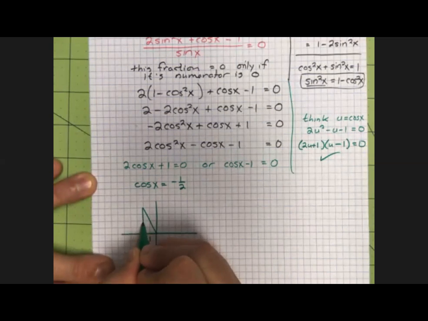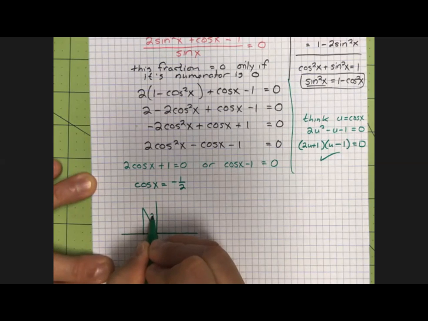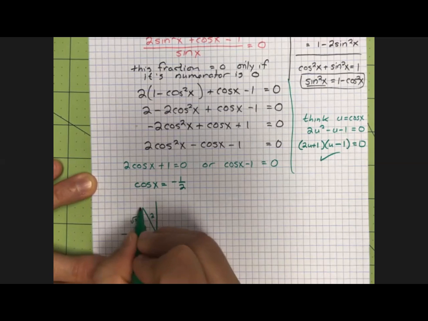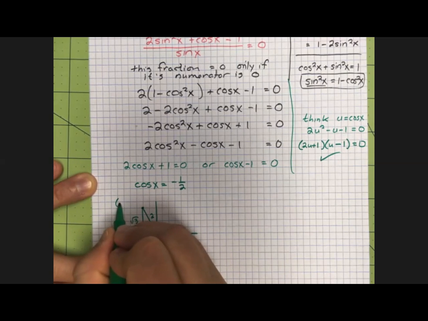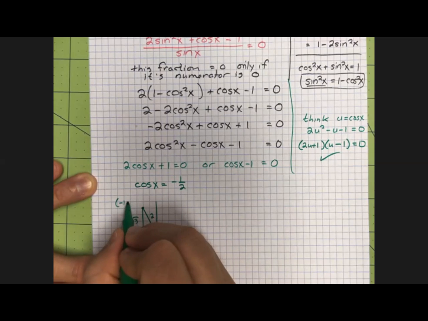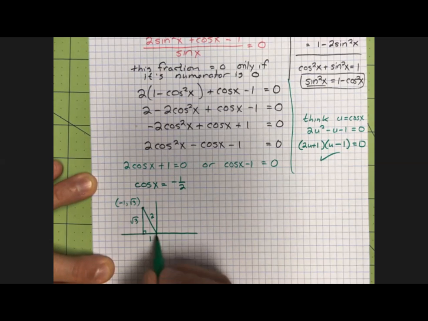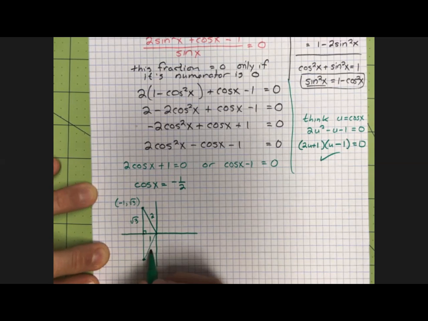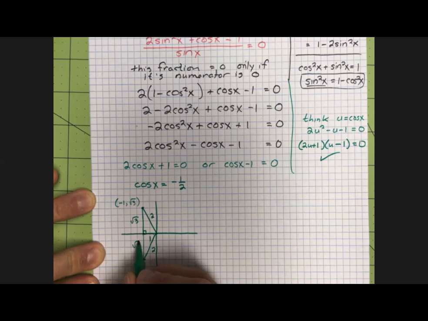One, hypotenuse 2. This would be a 30, 60, 90 triangle through the point (-1, √3), or a 30, 60, 90 triangle with the same adjacent side, the same long side, but the y value this time would be negative √3.